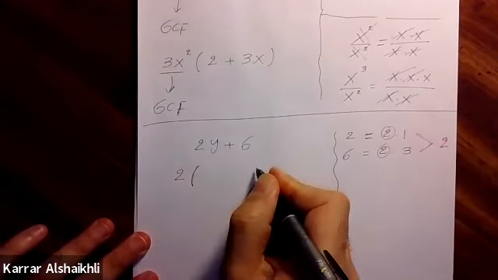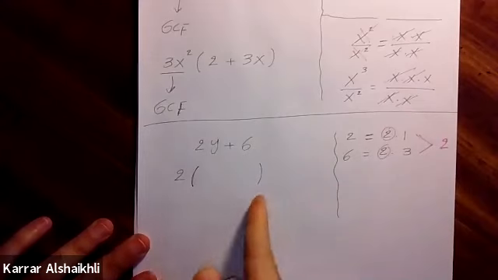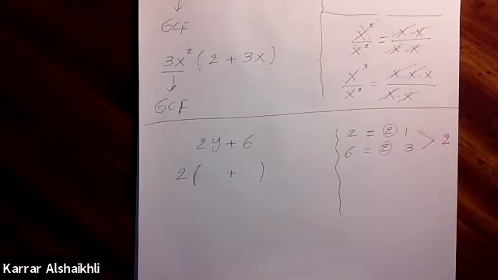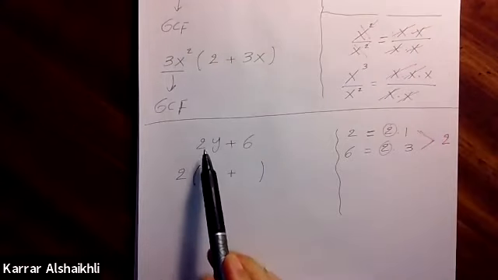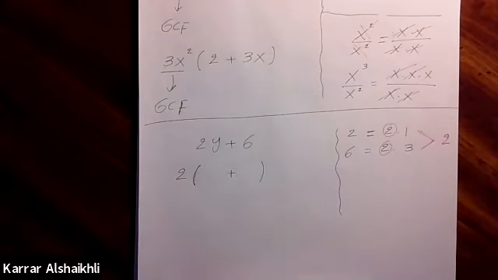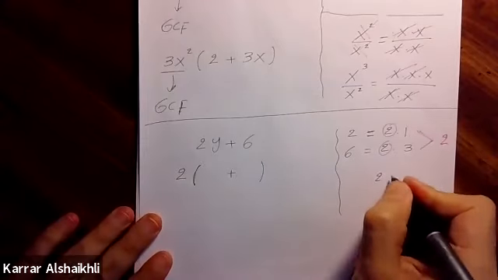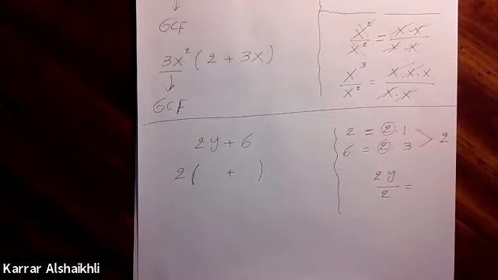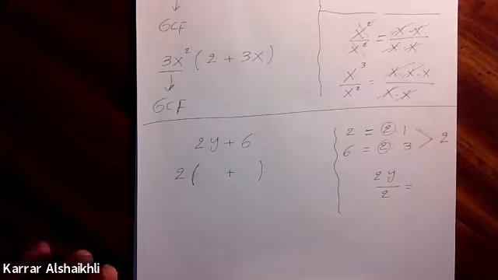Now I need to write down the leftover here inside parentheses. Here's the plus sign. Now we're going to divide. 2y divided by 2. Do it here on the side. Tell me what's the leftover. Which number are you going to cancel and what's the leftover?